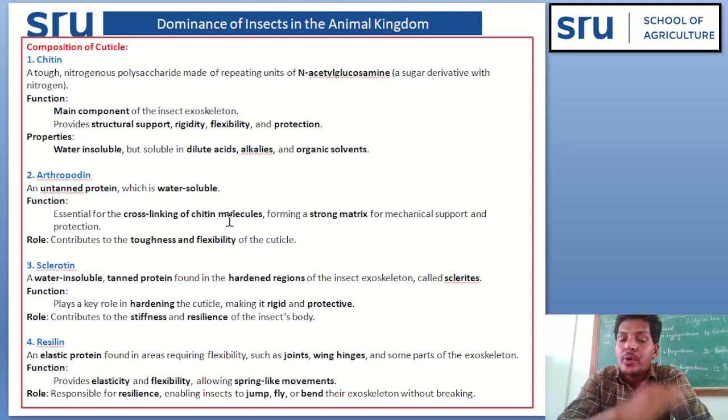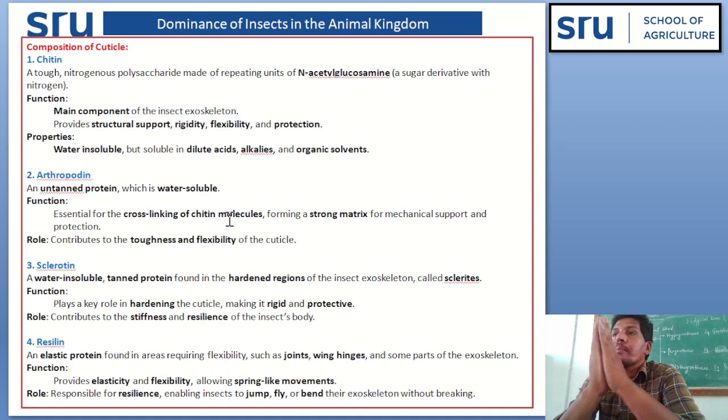It is an elastic protein found in areas requiring flexibility, such as joints, wing hinges and some parts of the exoskeleton. The function of resilin is to provide elasticity and flexibility, allowing spring-like movement in the insect body. It is responsible for resilience, enabling insects to jump, fly and bend their exoskeleton without breaking. This is possible because of this resilient protein.